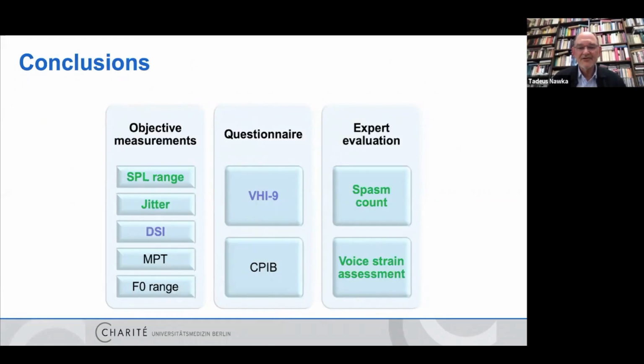So the conclusions of this small study are that sound pressure level range increases, jitter decreases, spasm count shows less spasms after the Botox has come into action, and the voice strain assessment also shows less strain in the voice.